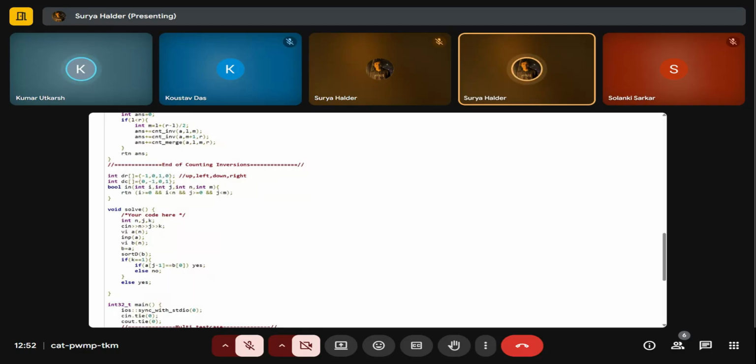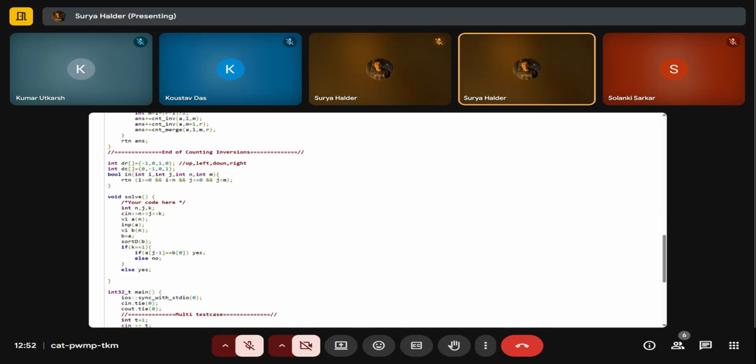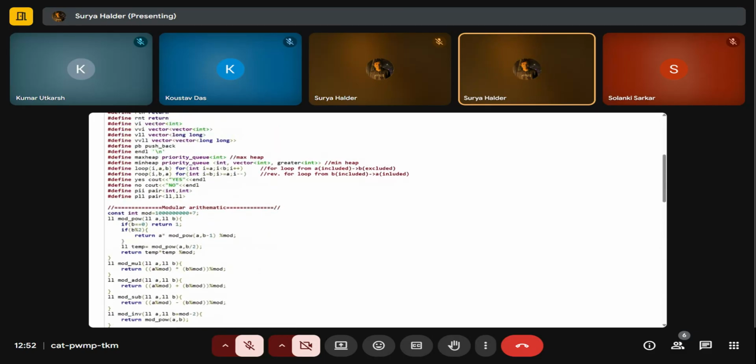Just tell how do we take input from a file and make a different output file for the code? I do not take it using a file. Like my inp of a is simply a function. My a has size n, so inp of a means I will be calling this function.